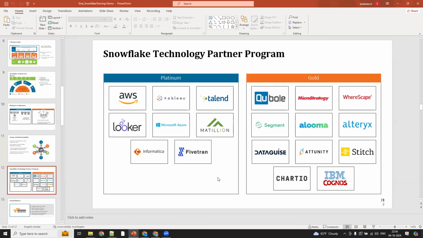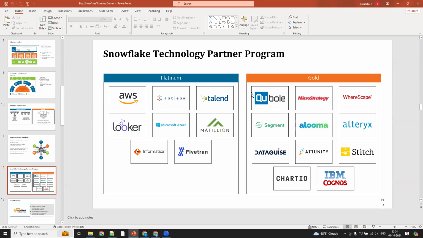And one more reason why Snowflake has become very popular is that it can integrate with any of the ETL tools, any of the reporting tools. You name any ETL tool in the market, the Snowflake connection is there.